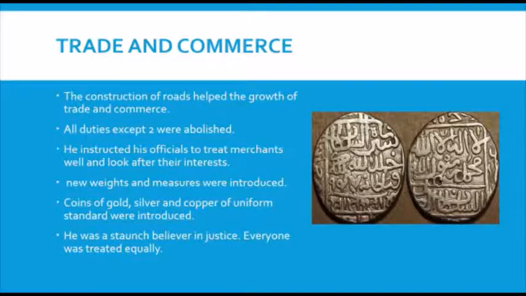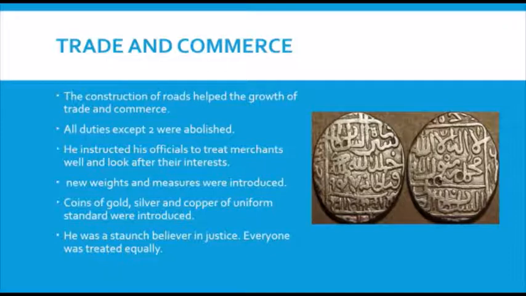Sher Shah instructed his officials to treat merchants well and look after their interests. The zamindars and the village headmen were made responsible for the facility and safety of the lives and property of traders in their respective regions.